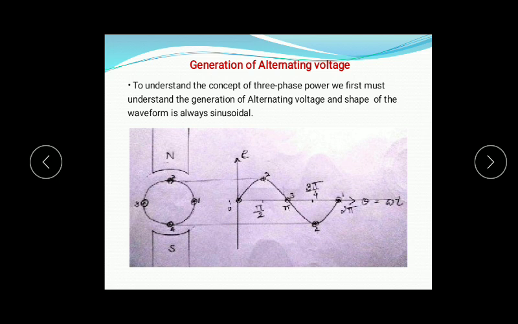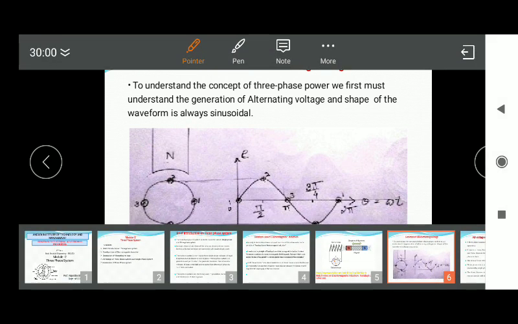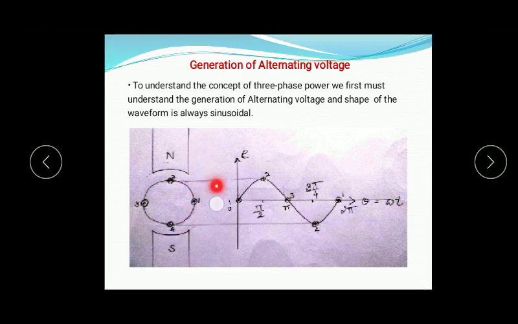We have two poles, north and south, and we are trying to keep a conductor in between those two poles. Now consider a conductor of length L, which is placed perpendicular to the lines of flux. So the flux is coming from north to south.